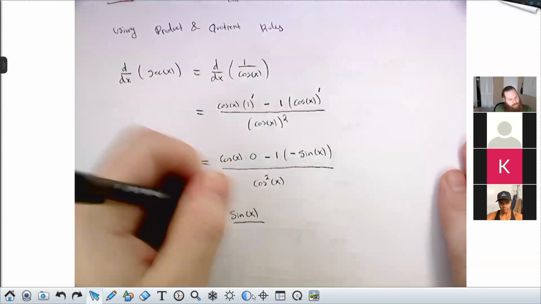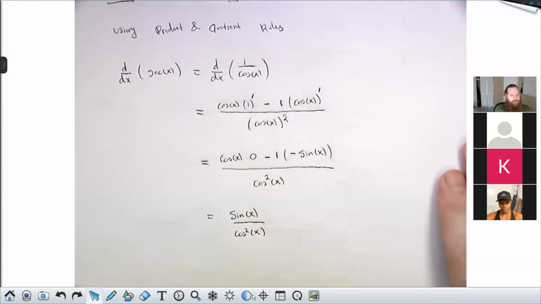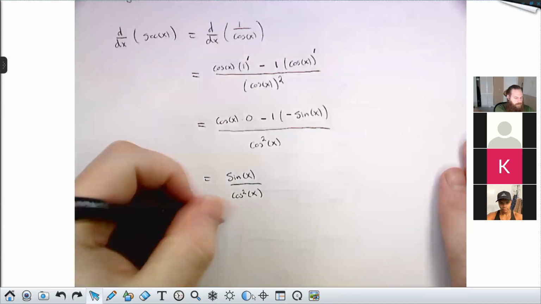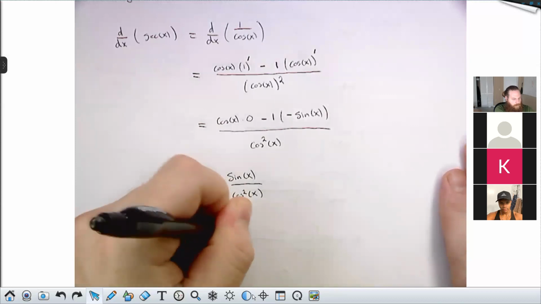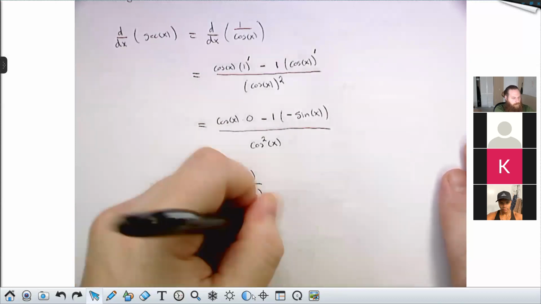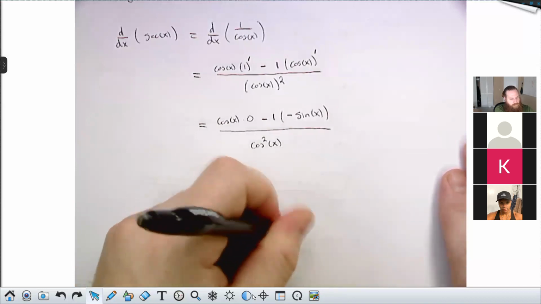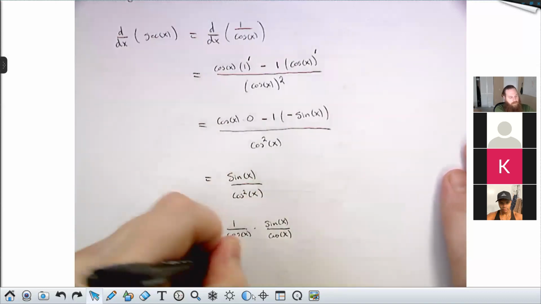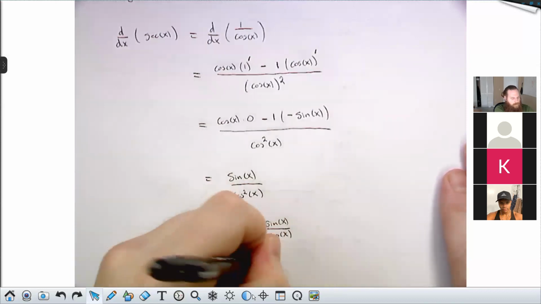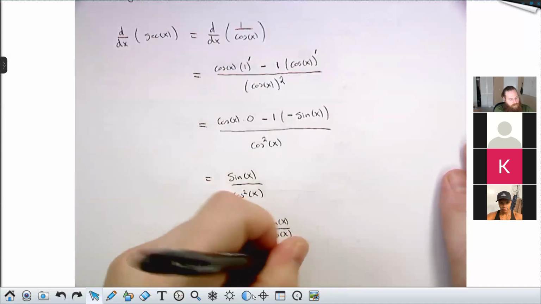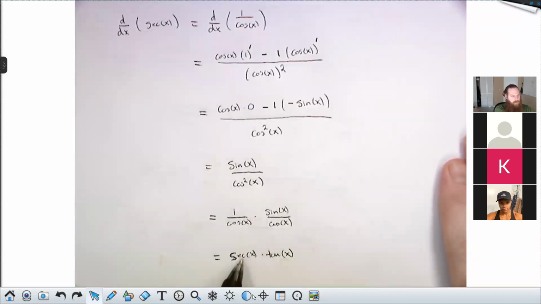So I get sine x over cos squared of x. And the nicest way to spot this, or to remember this, is to write it as 1 over cos x times sine x over cos x, because that is secant x times tangent x. So the derivative of secant is secant tangent.